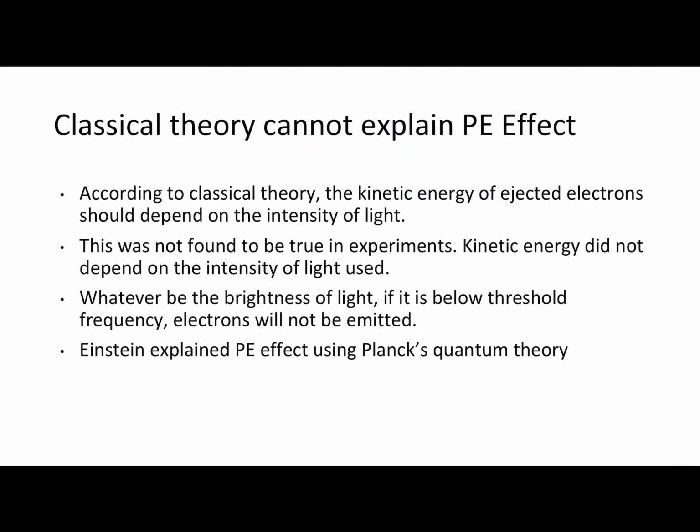Albert Einstein in 1905 explained the photoelectric effect on the basis of Planck's quantum theory, according to which light is considered to be made up of small packets of energy, known as quanta of energy or radiation.